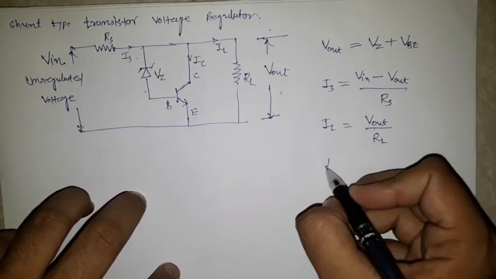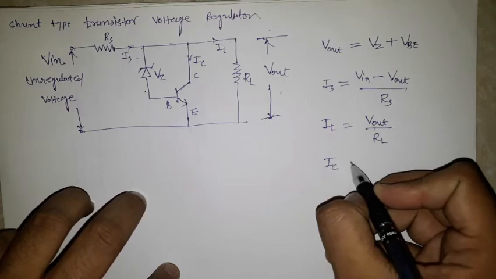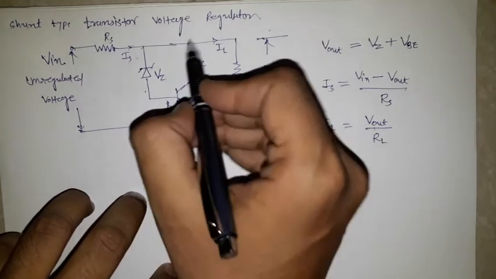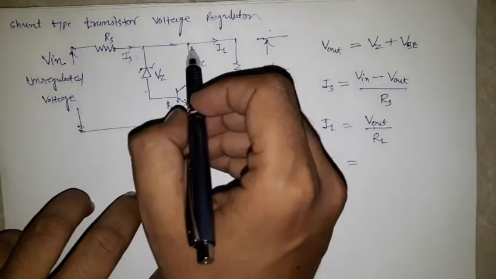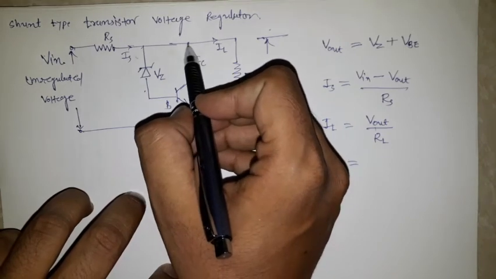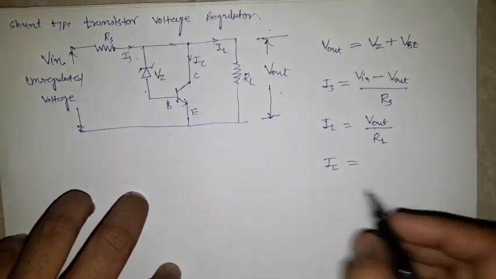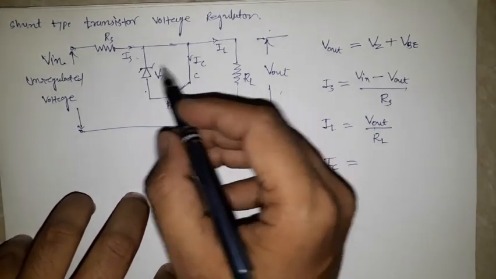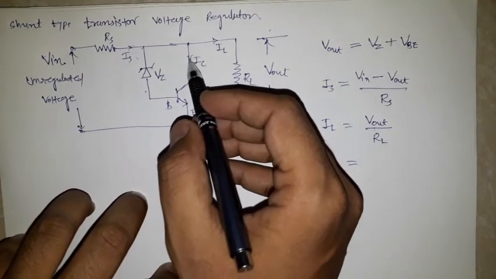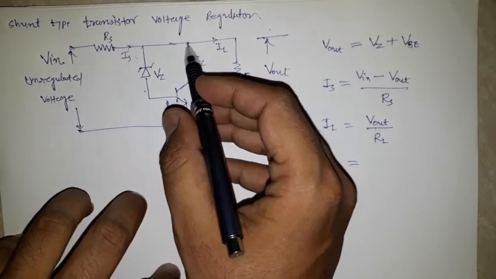And if we have to find collector current IC, we have to apply Kirchhoff's current law at this node. What is Kirchhoff's current law? Incoming currents are equal to outgoing currents from this node.